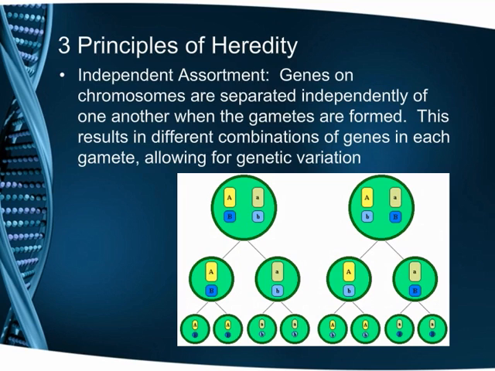So in this situation in the gametes, looking at the bottom, some of them have a big A and a little b, and some of them have a little a and a big B. Even though both parents have the same letters, the same alleles to start with, they have different gametes produced because the chromosomes have lined up in a different sequence. The big A and the big B don't have to go together.